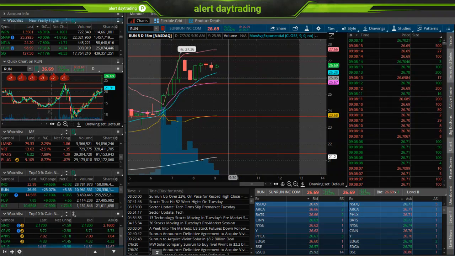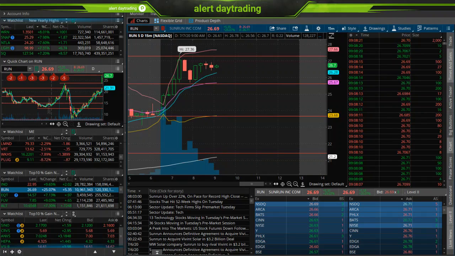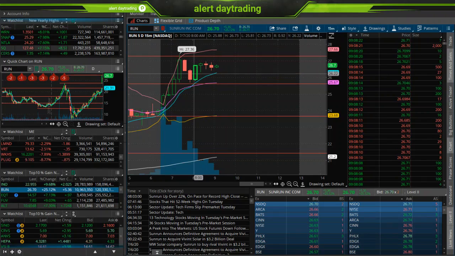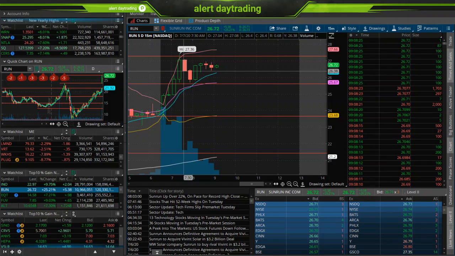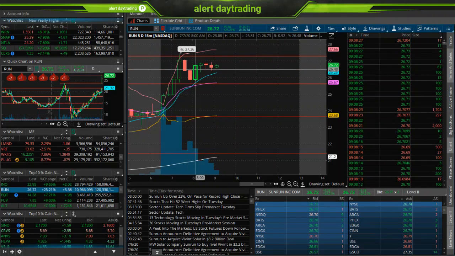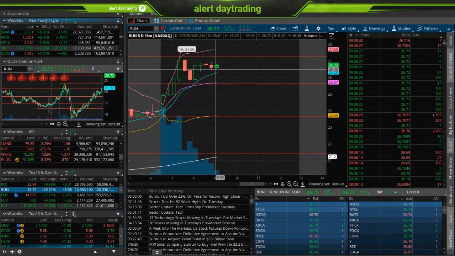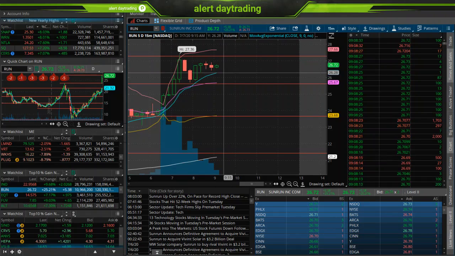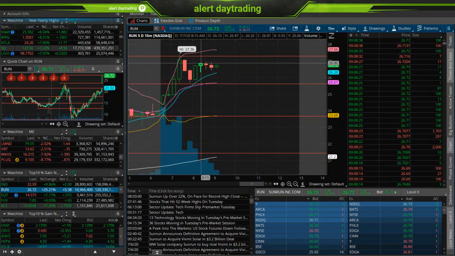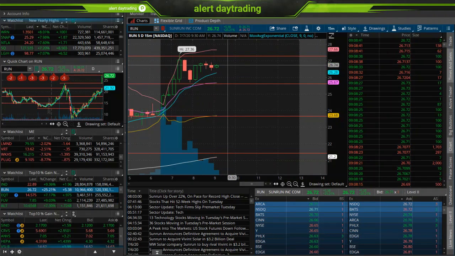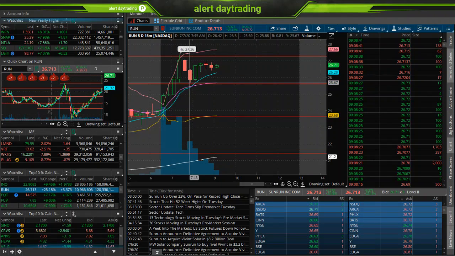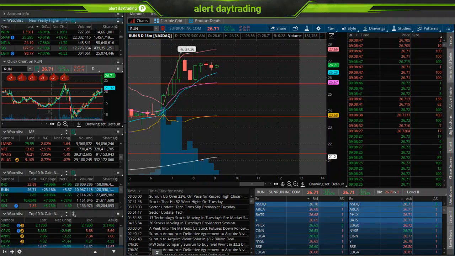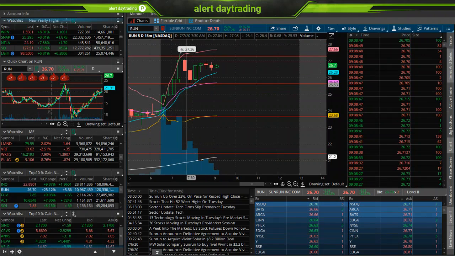I think what I might do as we're entering the lunch hour is just put a stop loss at break even, just to not take any loss on this trade, and in hopes that it goes up. It hasn't reached my exit levels yet, so I don't want to exit yet, but I also don't want to keep my original stop loss level, just because we are after my parameter of trading.